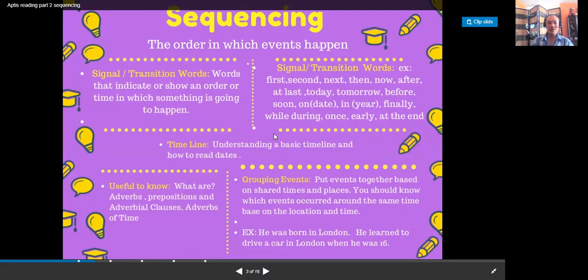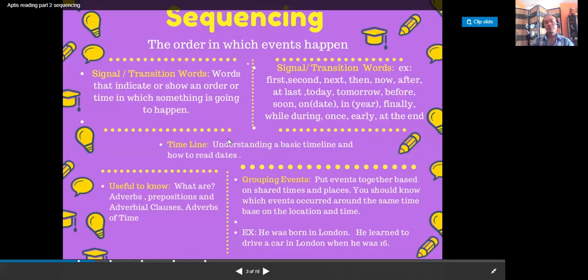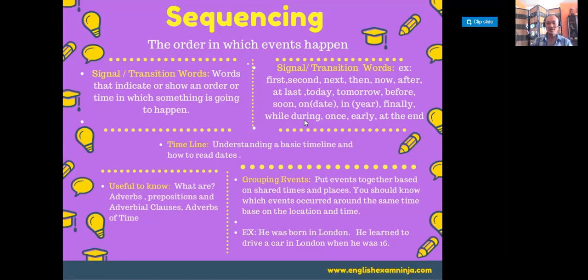First, we have the signal or transition words. These are words that indicate or show an order or time in which something is going to happen. Examples for this, we have first, second, next, then, now, after, at last, today, tomorrow, before, soon, on, referring to dates, in, referring to years, and finally, while, during, once, early, or at the end.